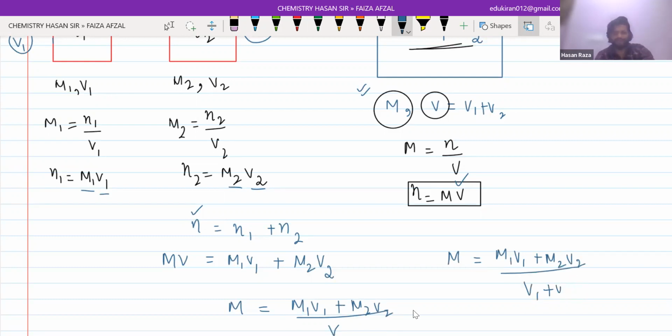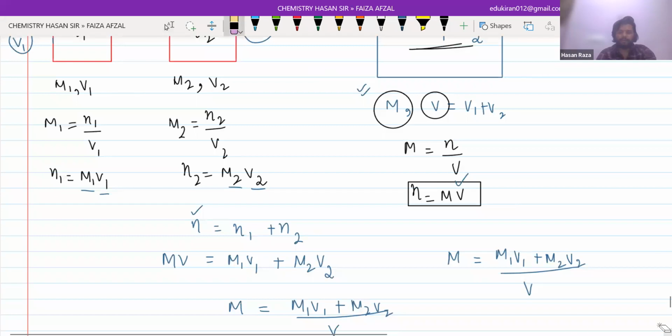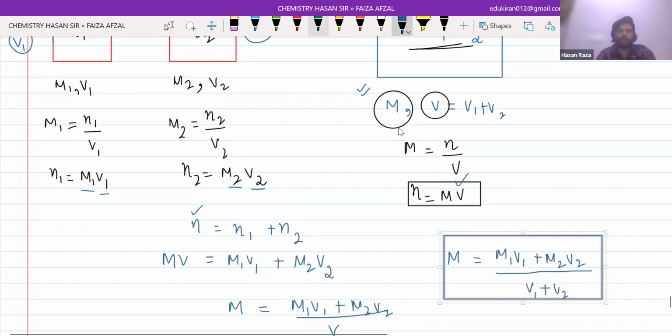So it's very easy. You can see M1 V1 plus M2 V2 upon V1 plus V2. So this is the final formula for the molarity of mixture, or the resultant molarity on mixture.